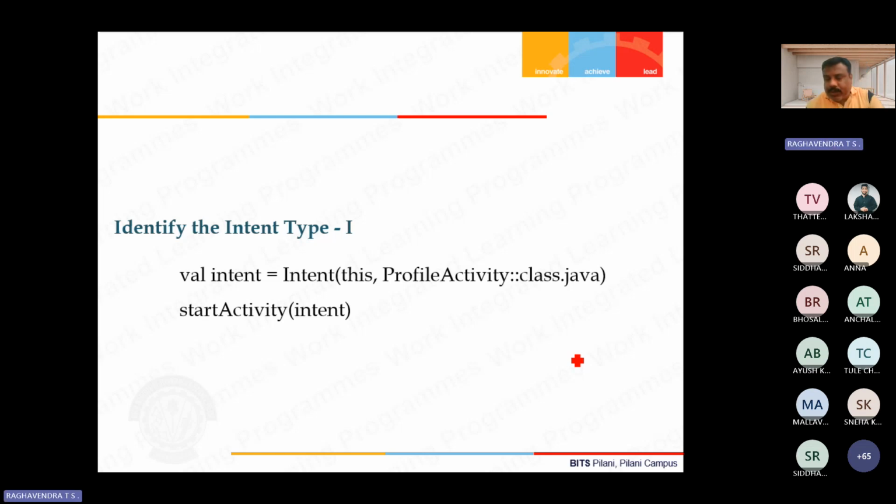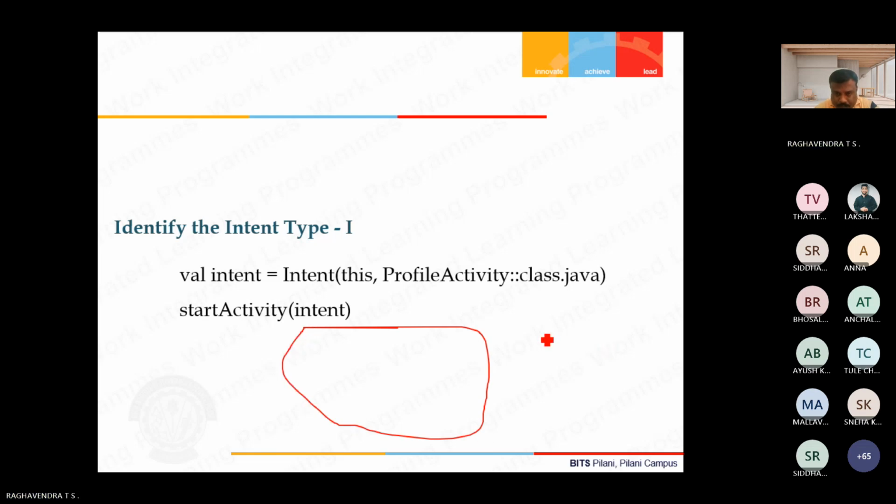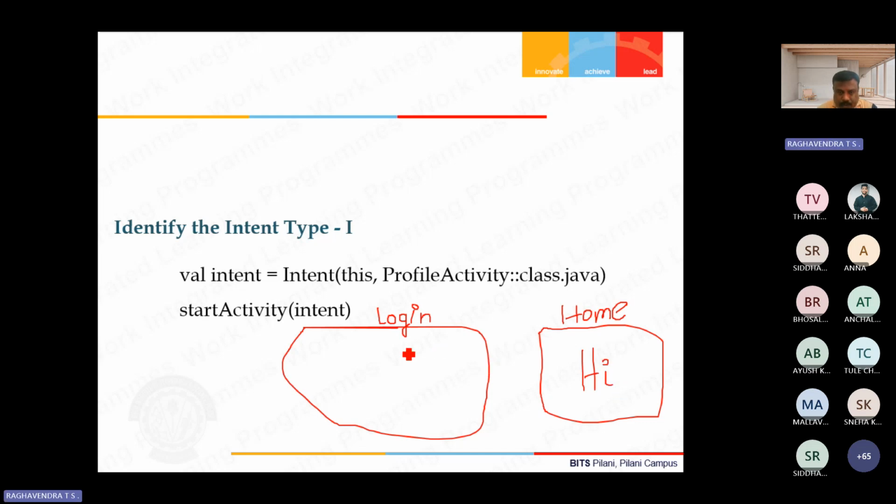This is something like you have two screens. One is a login screen, and you have another screen, which is the home screen. You'll have two text fields here.